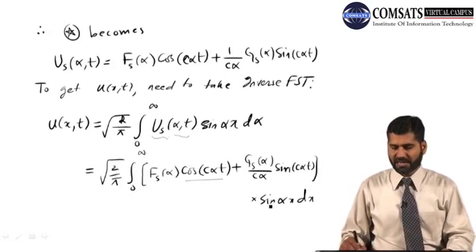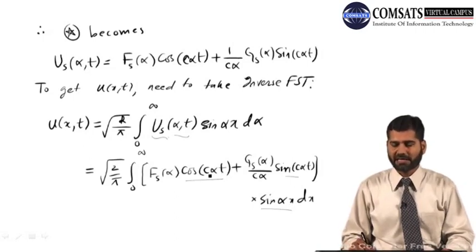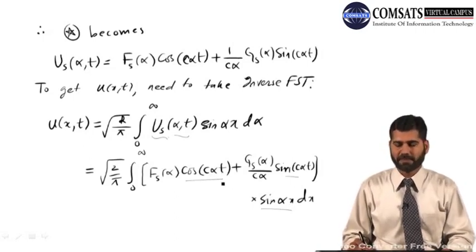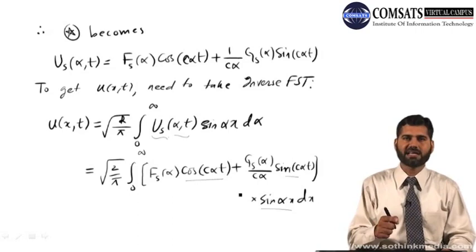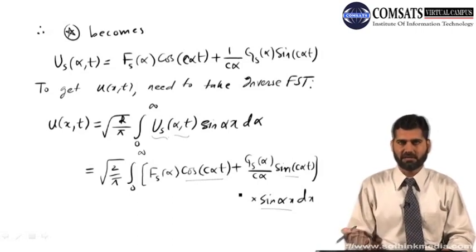Now cosine and sine are being multiplied, so I can convert this product to a sum. Cos(c alpha t) times sine alpha x will become, since 2 sine A cosine B is sine(A plus B) plus sine(A minus B).